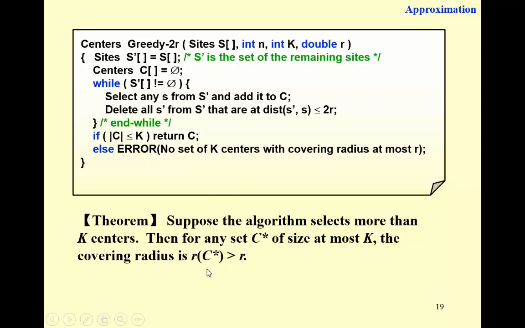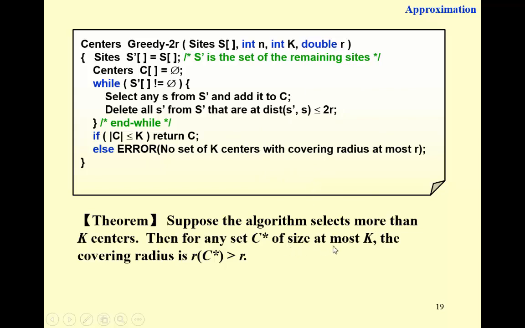Say, if this is not true, then there exists a set of centers of sides at most K, so that the radius is no more than r. That means for any site S, it must be covered by some center, right, with radius that is no more than r. So this disk with radius 2r will for sure cover everything that is covered by that center, right?